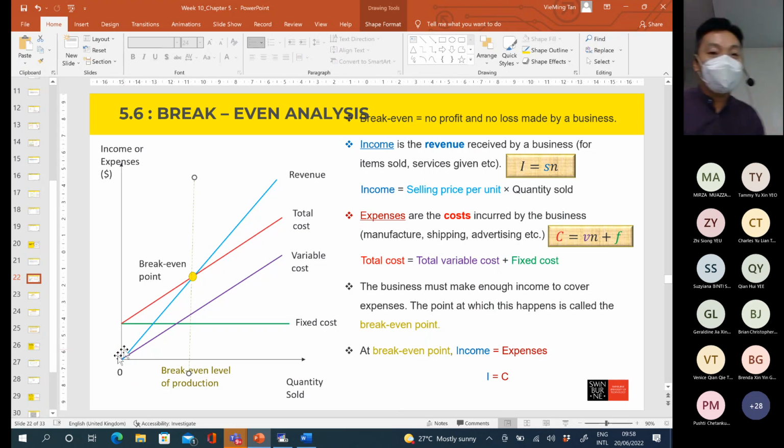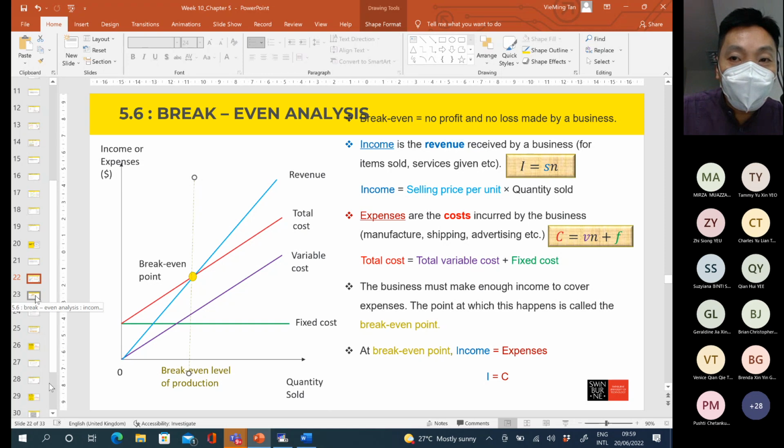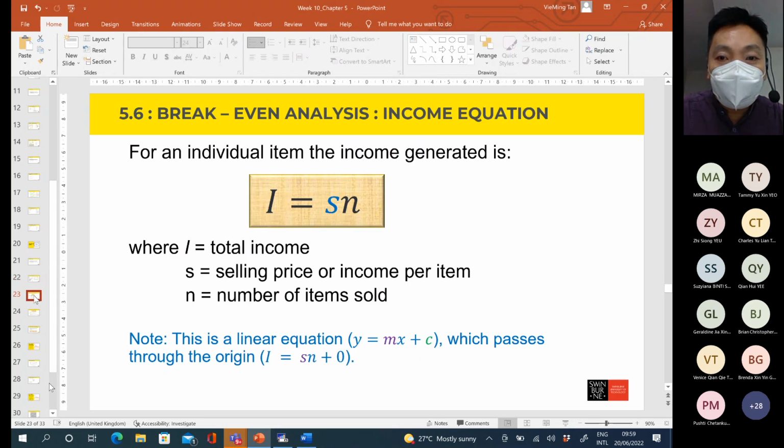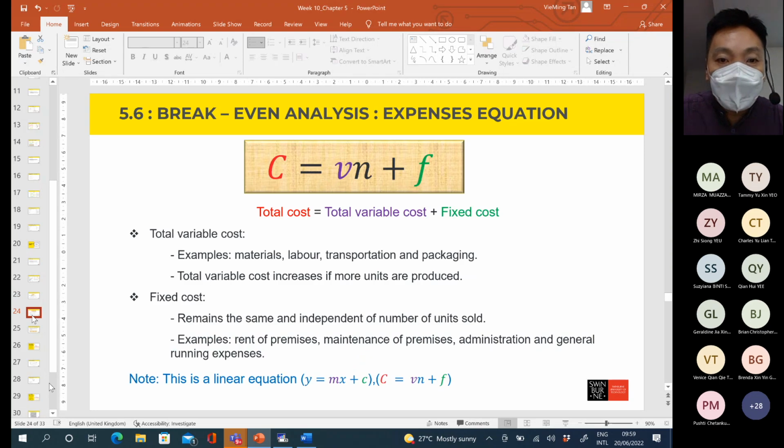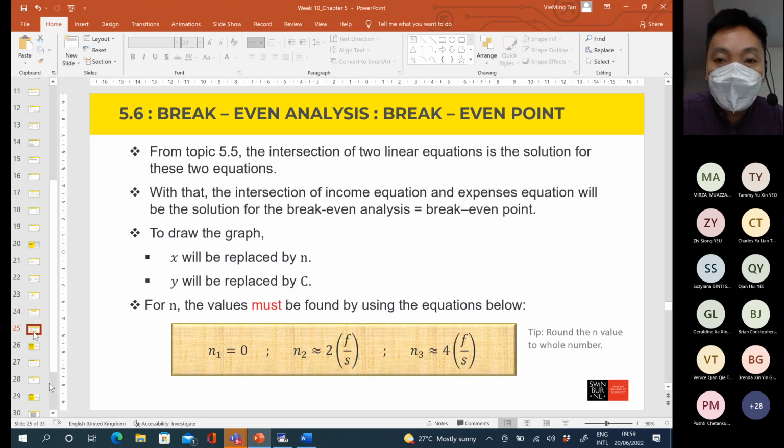So far so good. Let us study in more detail, one by one. If you want to identify the break-even level for production, you can use either a graph or the formula.